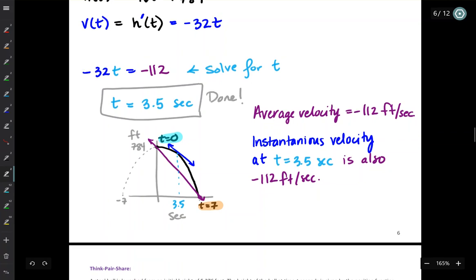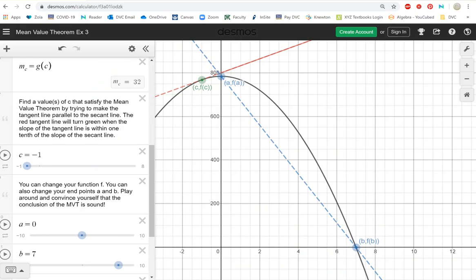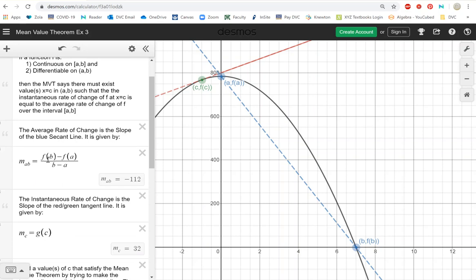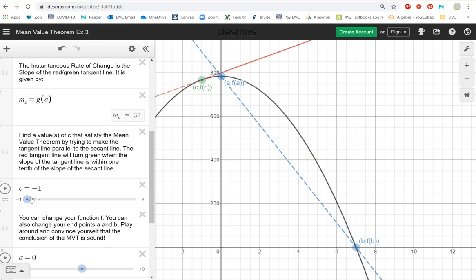Okay, let's look at it on Desmos just for fun, and that'll conclude this video. So here is my position function, my height function in black, the path of my pebble, the height that it is off the ground. And we see that my average velocity is minus 112 feet per second. Moving my slider here, all the slopes of those tangent lines are instantaneous velocities.